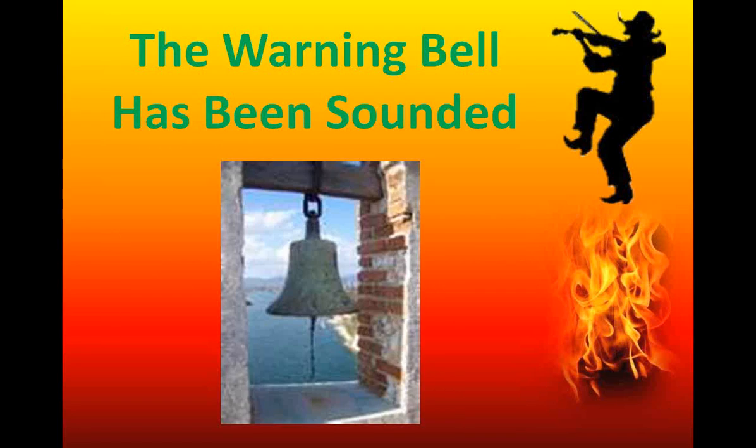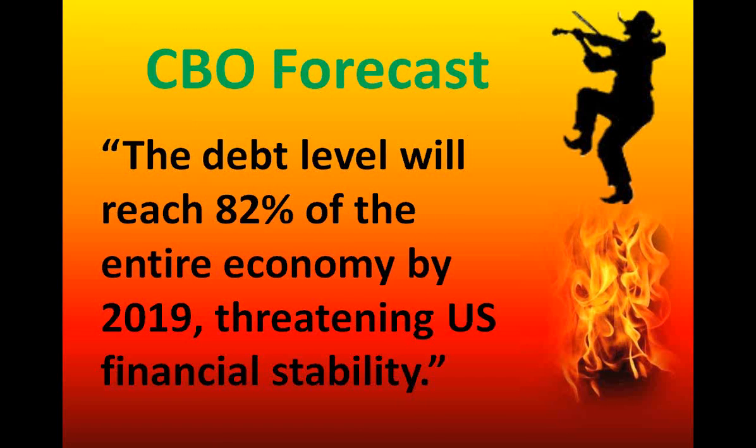The warning bell has been sounded by numerous top government officials. The Congressional Budget Office is part of our government. It's a nonpartisan group of Republicans and Democrats that are tasked with the job of projecting the short-term spending of our nation.